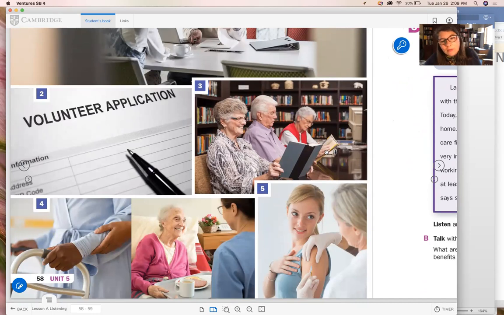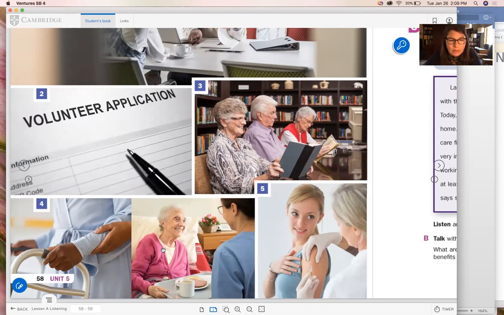Number 3, there are some people reading in the library. What do you notice about all 3 people? They're old, right? They're elderly, we say. Number 4 down here, someone is using a walker. That's what that's called. But right here, someone is helping someone walk. So this person is helping, right?